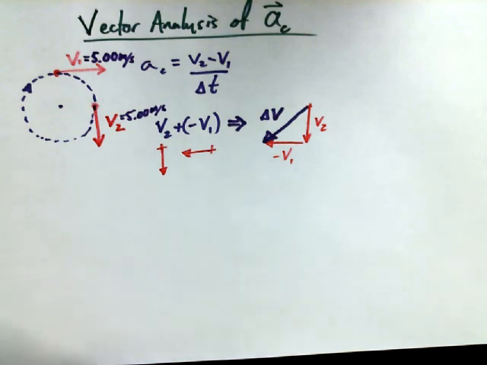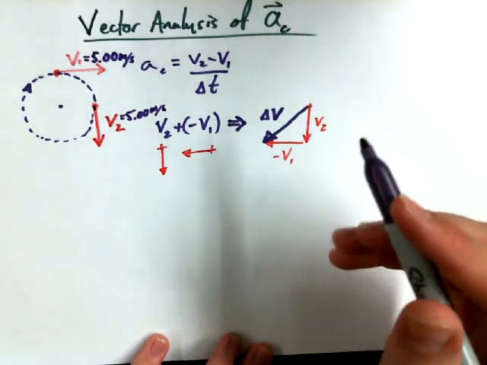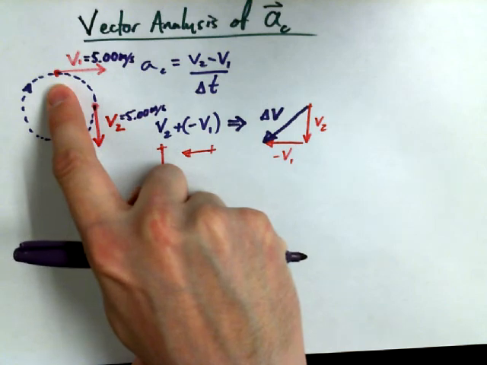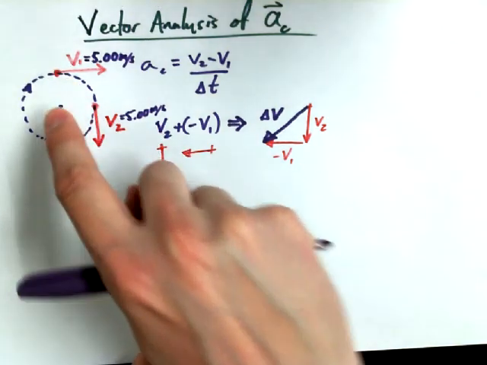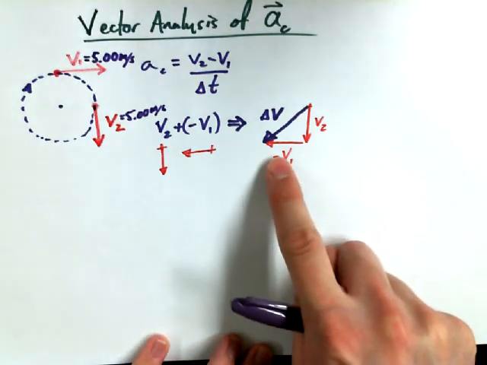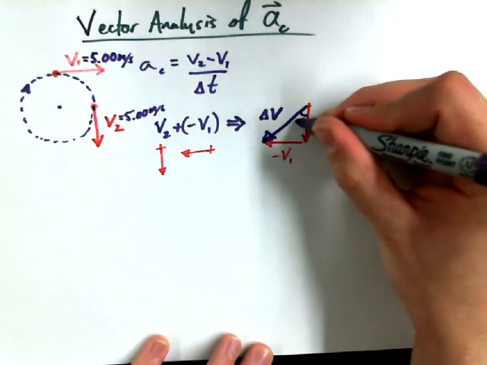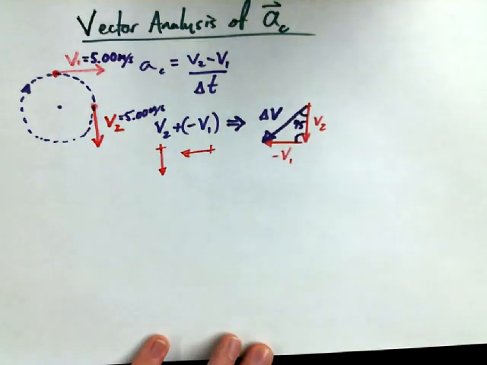Okay? Now if I wanted to find out what delta v is, you can see that just because I've chosen two convenient positions, the 12 o'clock position on the clock and the 3 o'clock position on a clock. You know what I mean by that. These guys are, by definition, going to be at right angles to each other, and they're of the same length. So you could tell me that that's 45 degrees, so I'll label that up just for fun right now. And you could also label up that as 90 degrees.